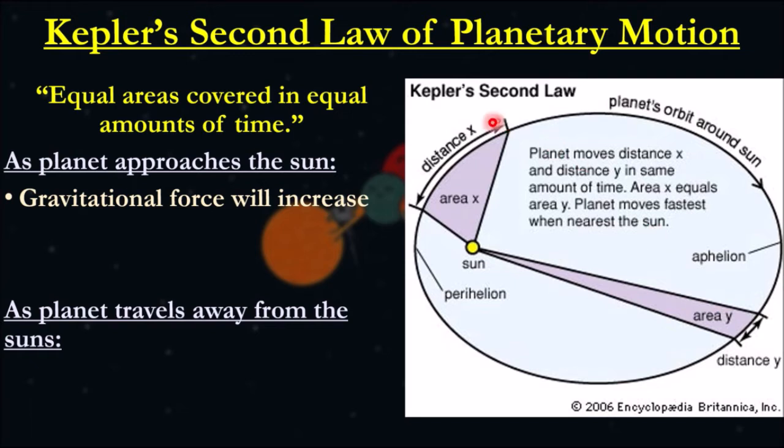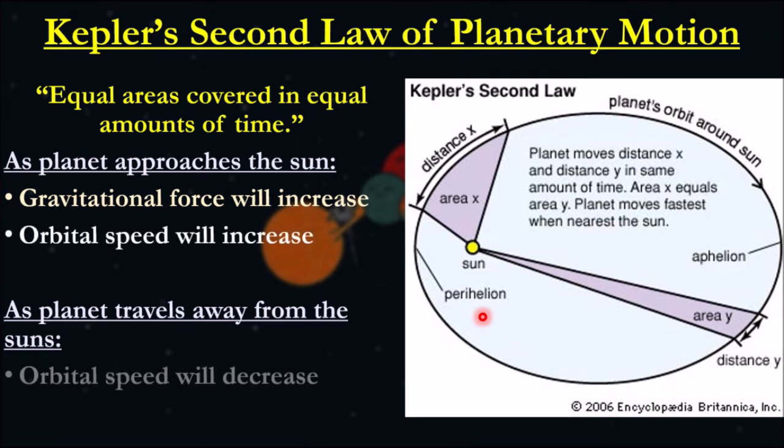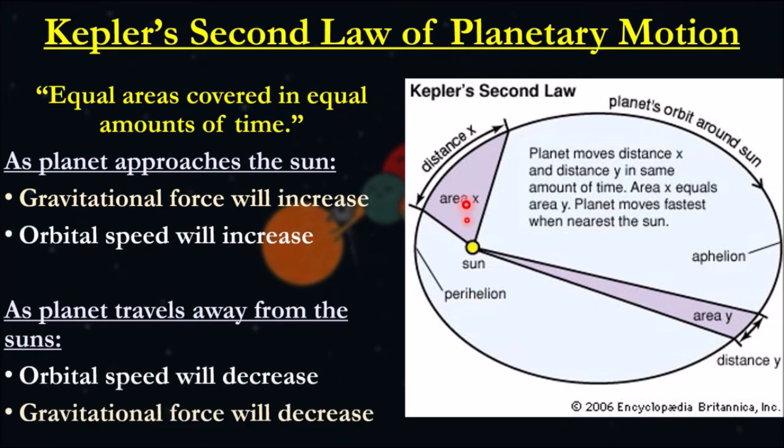However, if they cover the same amount of time, say this was 20 seconds and this was 20 seconds, and we calculate the area they covered from the starting point to the end point, it would be the same area. That's what the second law basically states for us.